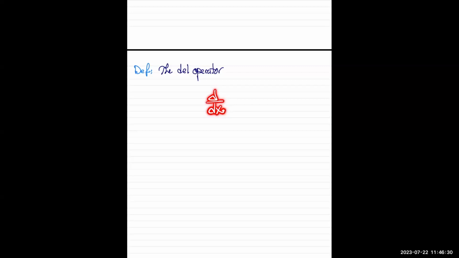What does d/dx do? When you put d/dx in front of a function, it takes the derivative of that function. Okay, so the del operator is a vector form of the derivative operator, and it is the vector whose components are the partial derivative operators.